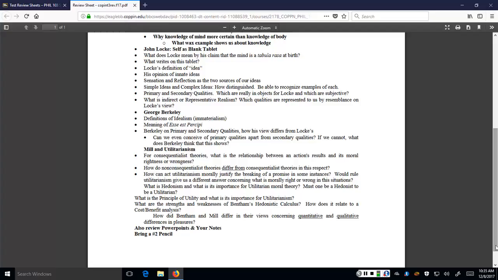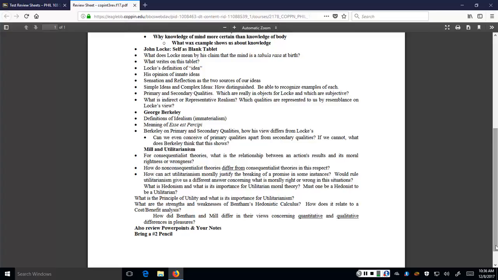So the mind's a tabula rasa, a blank tablet. And what writes on the tablet, and I'm beginning to take this in order, is basically our experience. So, for the empiricists, all of our knowledge comes from experience. We don't have any innate knowledge at birth.